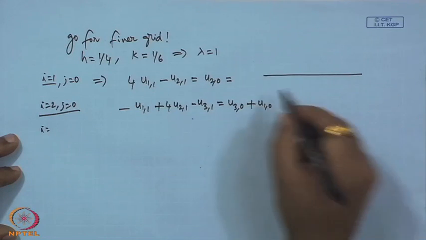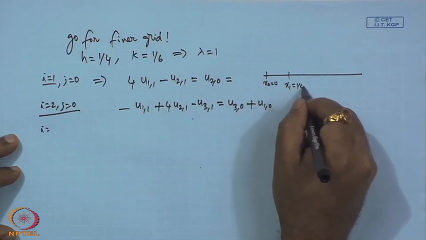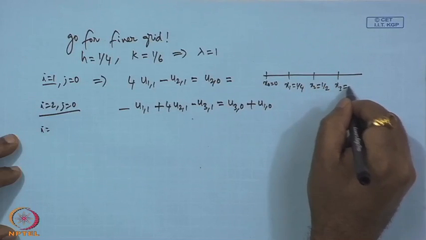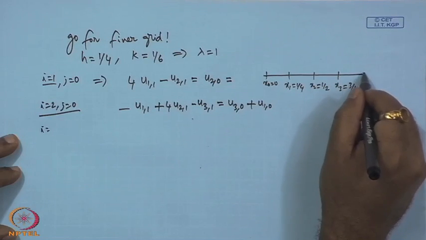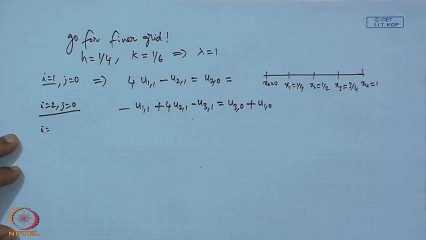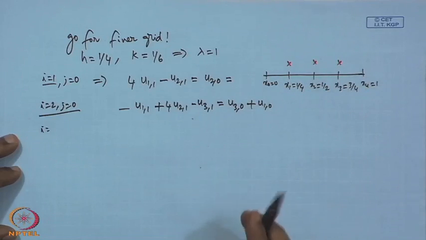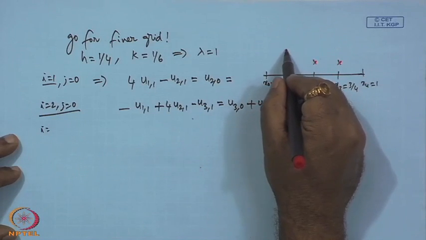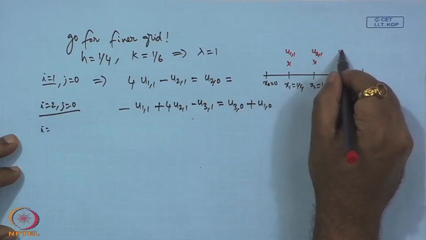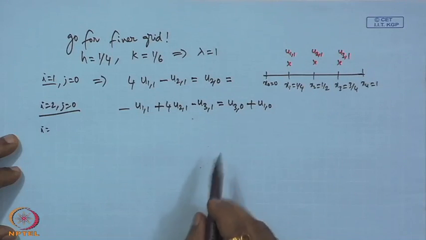So, let us see what is happening in this case. x 0 is 0, x 1 is 1 by 4, x 2 is half, x 3 is 3 by 4, x 4 is 1. So, how many unknowns do we expect? So, 3 unknowns, and what are they? So, u 1 1, u 2 1, u 3 1. Okay. So, these are the unknowns.